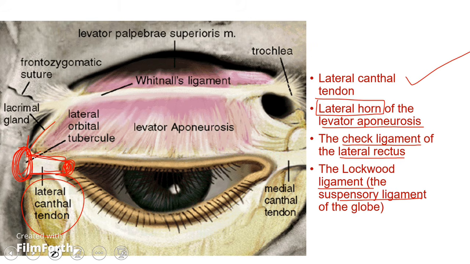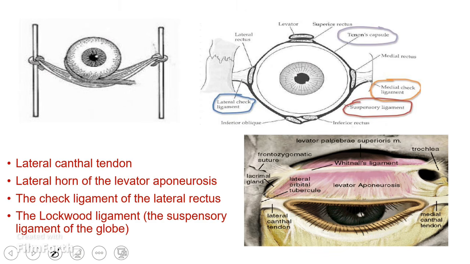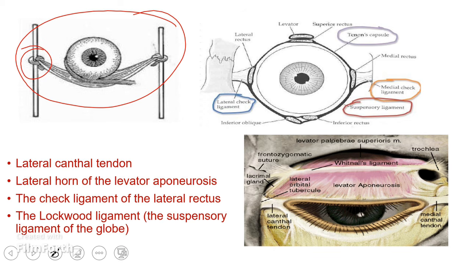Here, you can see this fibrous white condensation on the levator aponeurosis, which is called the Whitnall's ligament. If you see carefully, the Whitnall ligament is not really inserted at the Whitnall tubercle. However, it is inserted somewhere near the frontal zygomatic suture. Now this picture shows you the suspensory ligament or the Lockwood's ligament, which gets inserted at the lateral tubercle, the Whitnall's tubercle.